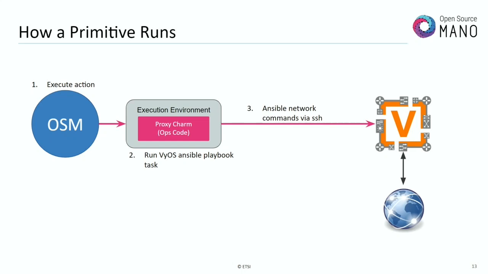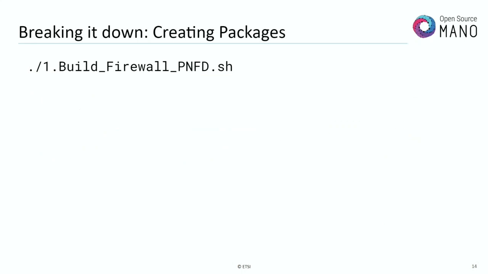So that happens inside the proxy, and then in our case, it's actually doing Ansible commands over SSH, which is a very typical way of running Ansible. So we're not actually putting the playbook or anything in Vias. We're going to have Ansible installed in our execution environment, and Ansible is going to talk via SSH to Vias. That way, nothing has been installed.